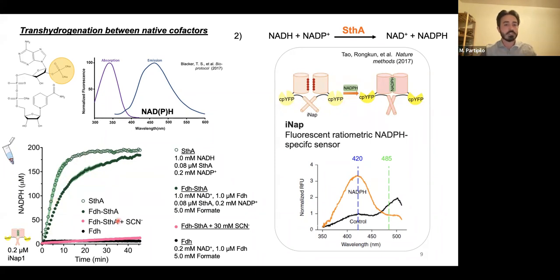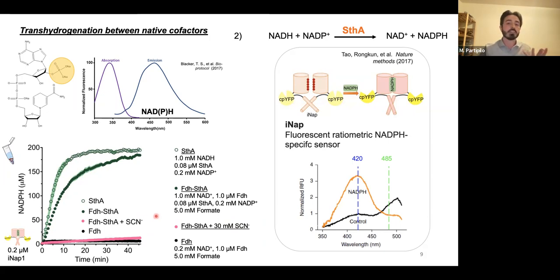We also carried out controls, as for instance, using the thiocyanate that inhibits the formate dehydrogenase. And in fact, what you see in the pink line is a very low rate of NADPH formation. This is because we are blocking the upstream reaction.